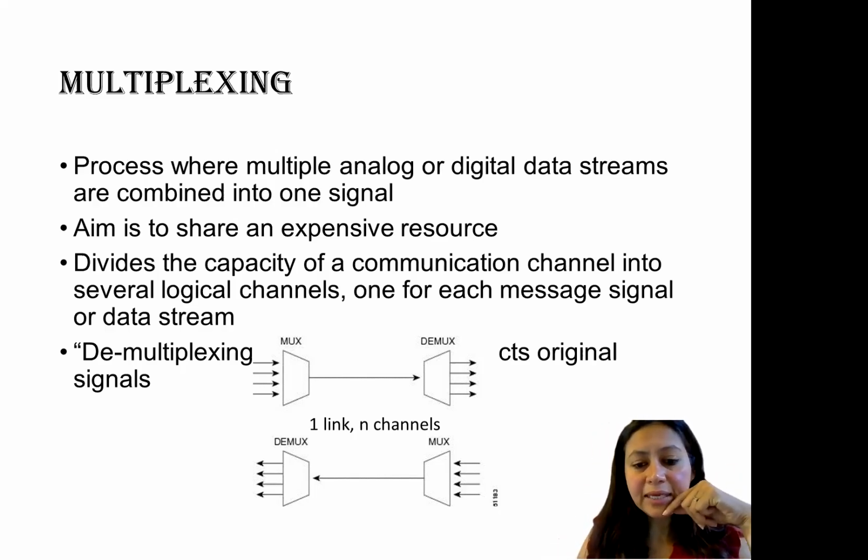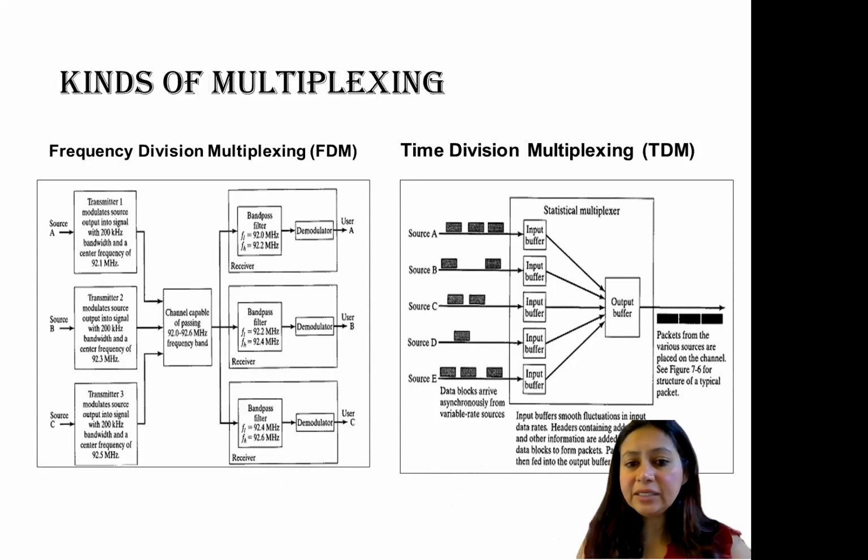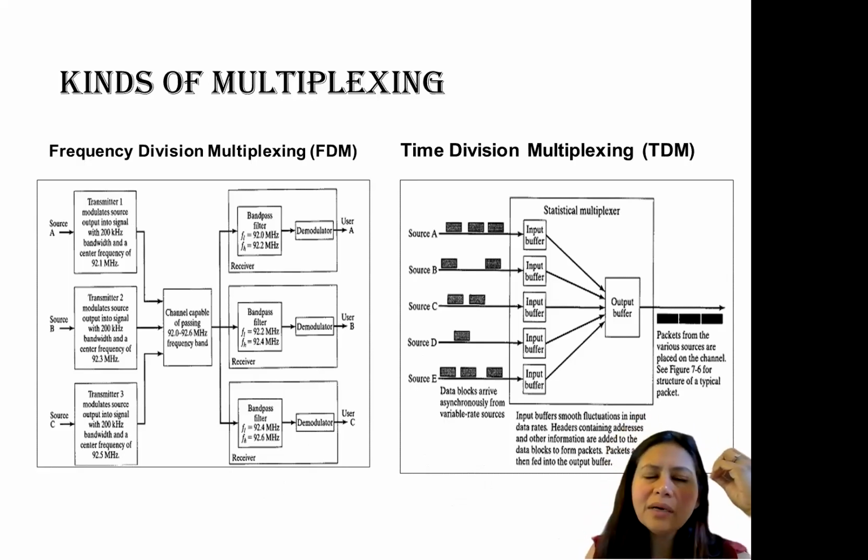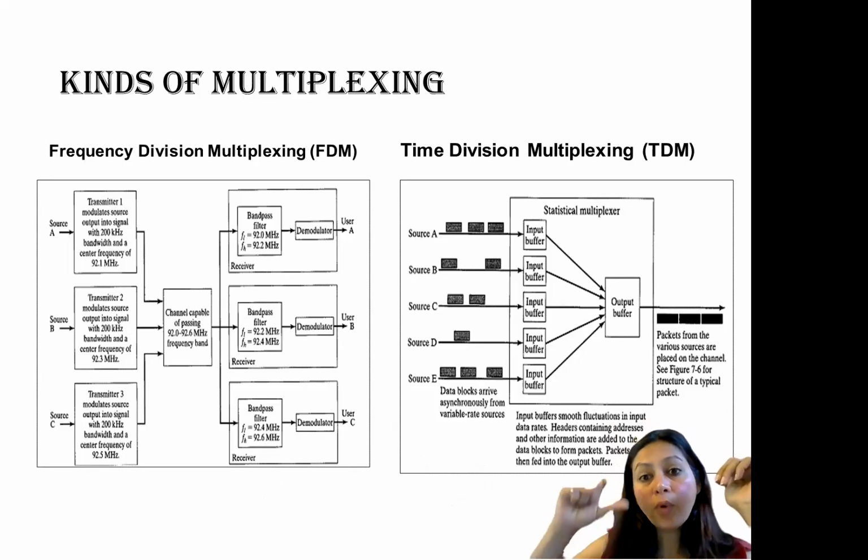And my last slide is about the different kinds of multiplexing. There are a lot more than this. Frequency division and time division are the two classical ones. You have 3 different signals which you modulate.